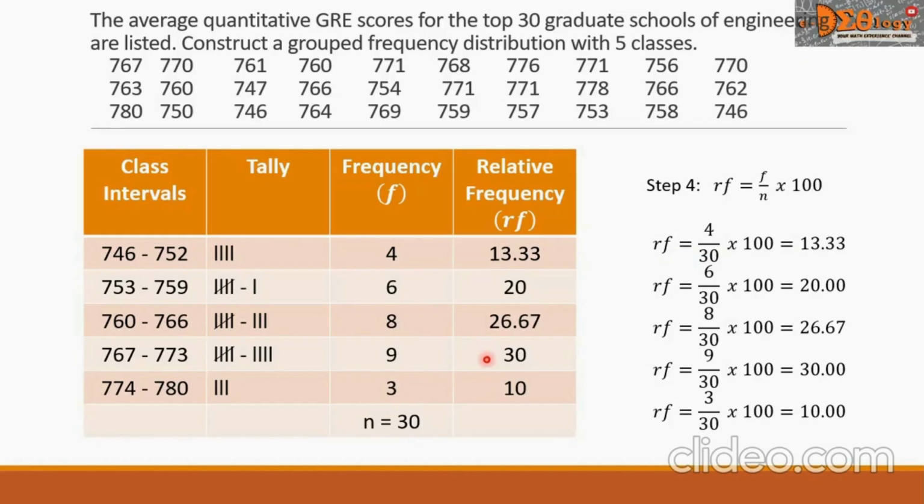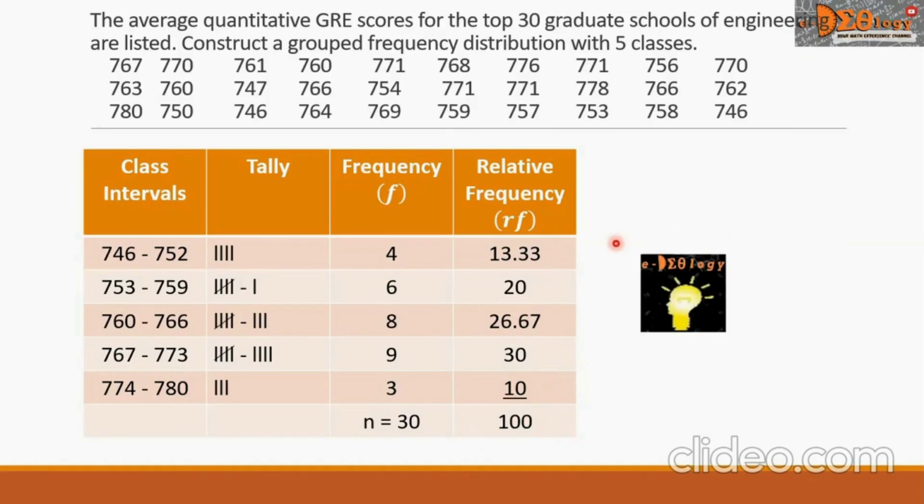This number 30 comes from 9 divided by 30 times 100. This number 10 comes from 3 over 30 times 100. So we are now complete with the values for the relative frequency, and at the bottom we take the summation, and the value must be equal to 100. This is our final answer.